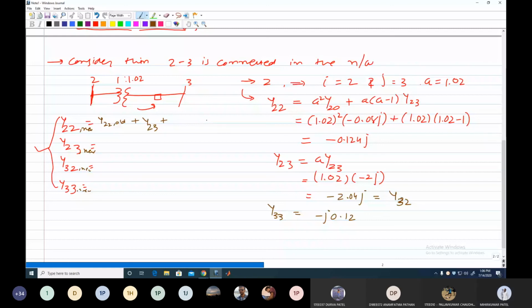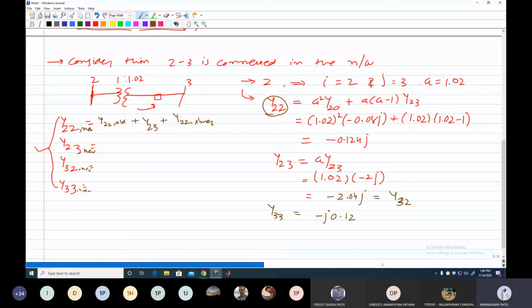the calculated y22. So the total, here you have to write y22 with transformer, so you will not get confused. What is the value of y22 old?